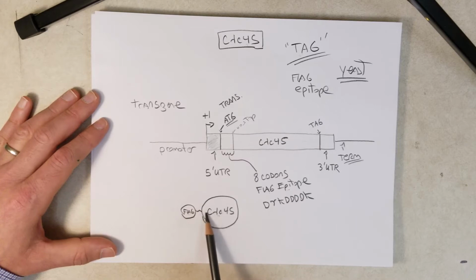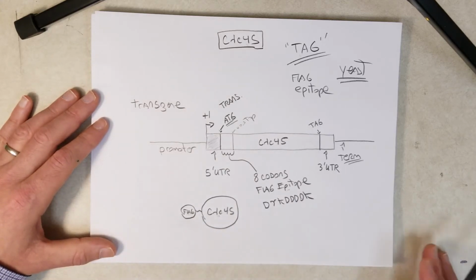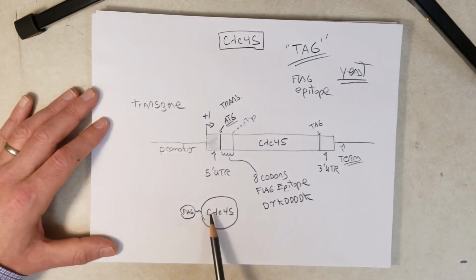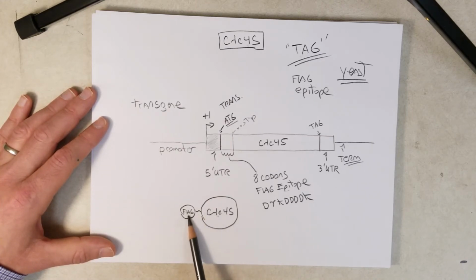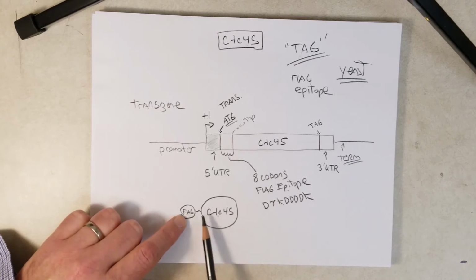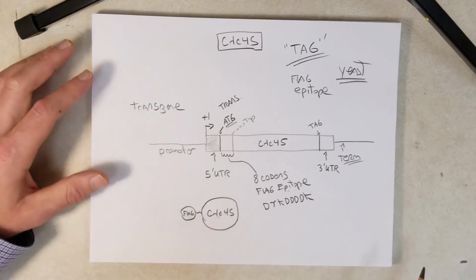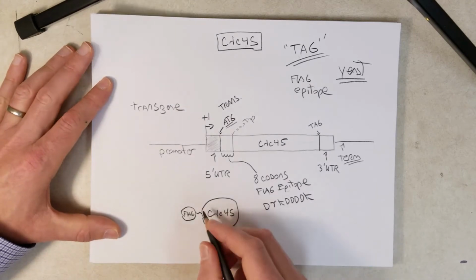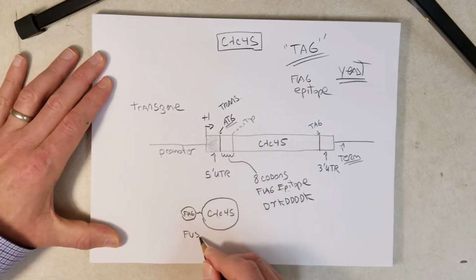This flag, it's just in the beginning, and it usually doesn't interfere with the function of the protein. And sometimes scientists have to come up with various experiments to see if this little extension of the protein does interfere. But most of the time it doesn't. So this is the fusion protein.